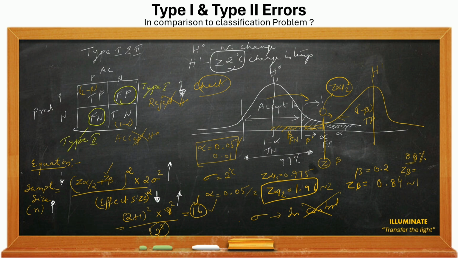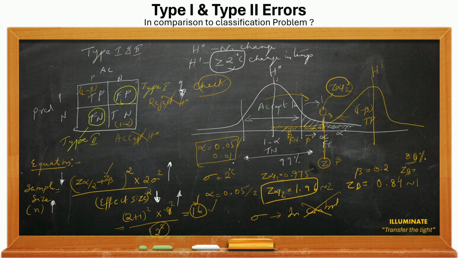If you want a lesser standard deviation, in that case, again, you'll have to increase the sample size. Otherwise, you will have a larger standard deviation, and the larger the standard deviation, your test will get screwed up. So it works the other way also.